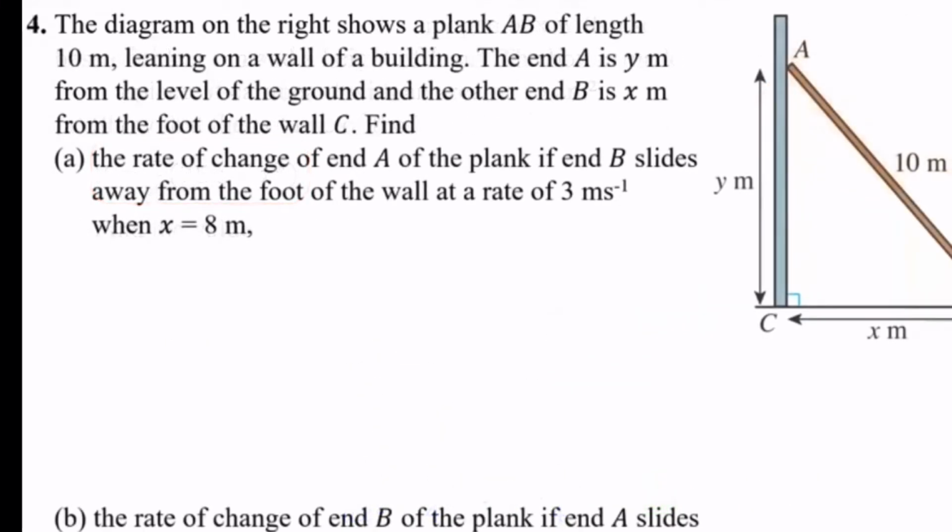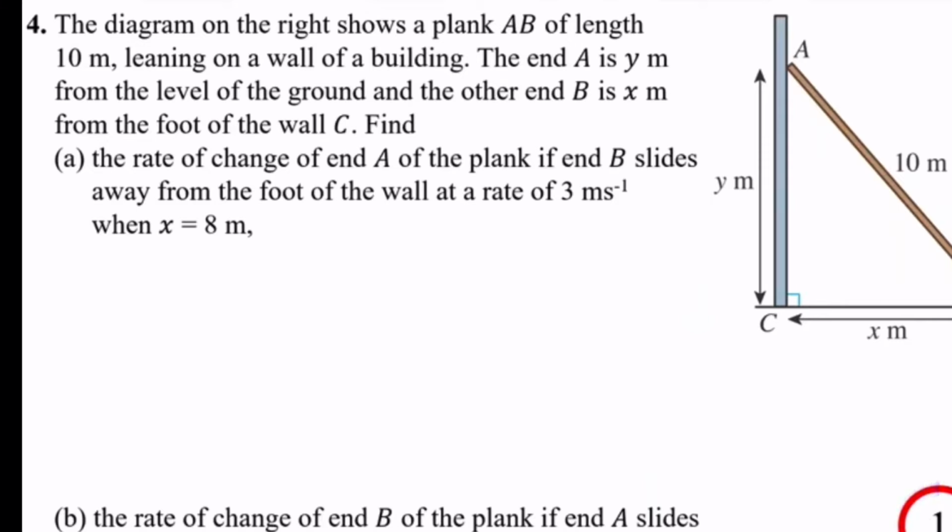Alright, so now let's proceed to another application of differentiation to a question involving rate of change. The diagram on the right shows a plank AB of length 10 meter leaning on a wall of a building.